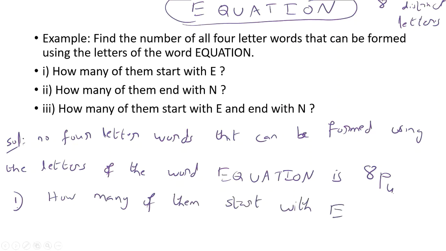Whenever you have a constraint like this, you have to first satisfy the constraint. We have 8 different letters, EQUATION, and we have to form 4-letter words: 1, 2, 3, 4.